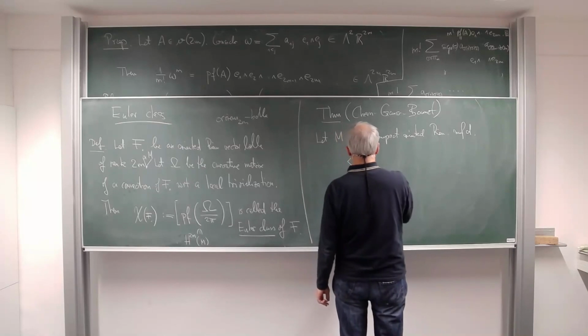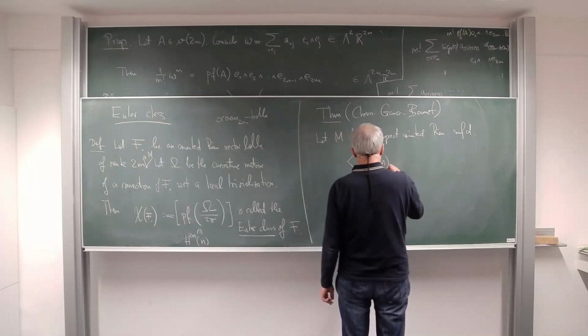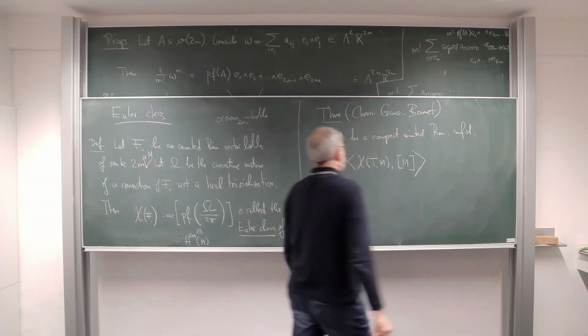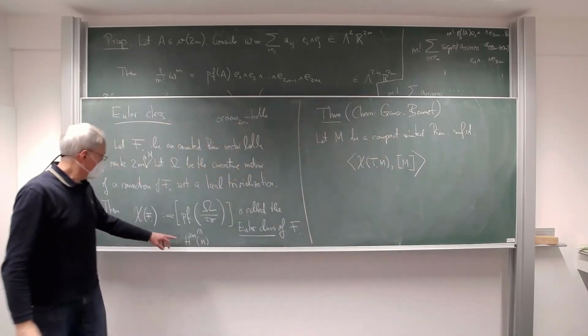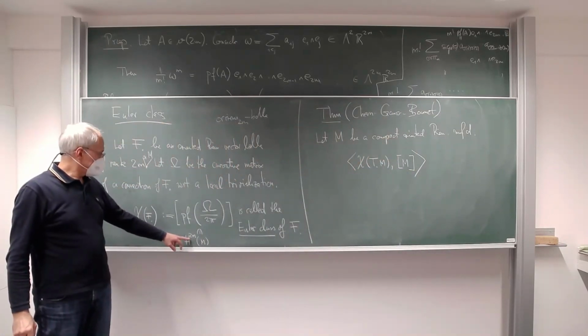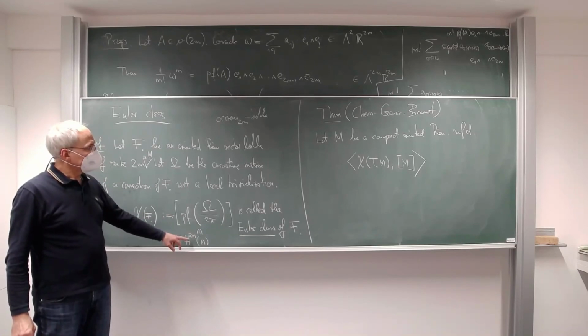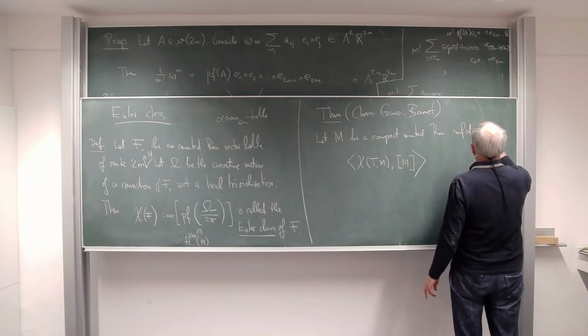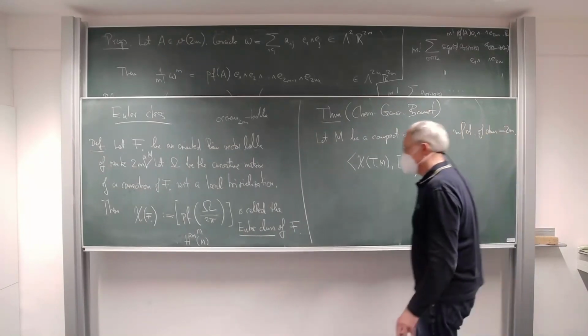So the Euler class of the tangent bundle of M, when integrated over the manifold, which has the right degree, because, so maybe I should say M of dimension 2n, right?